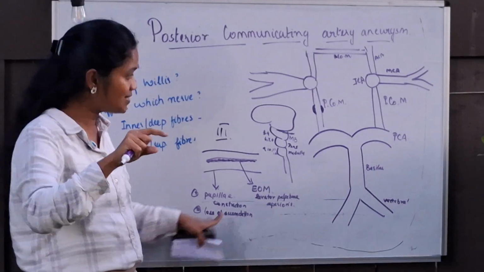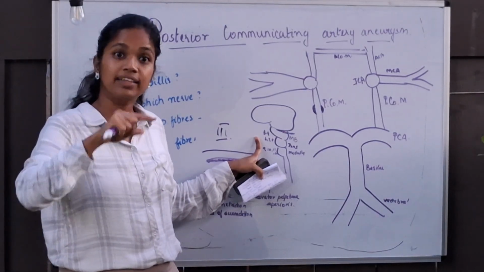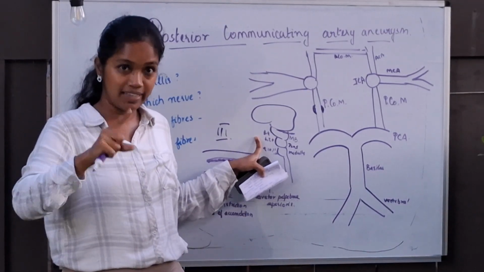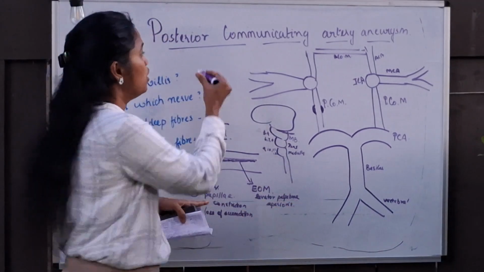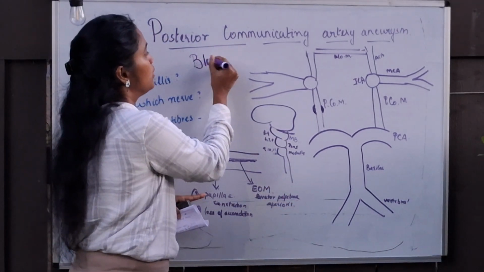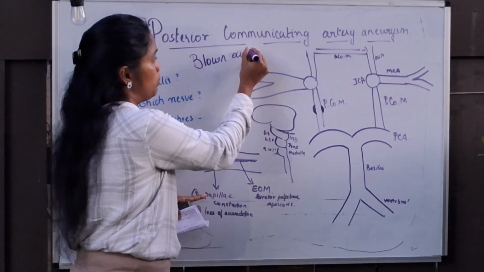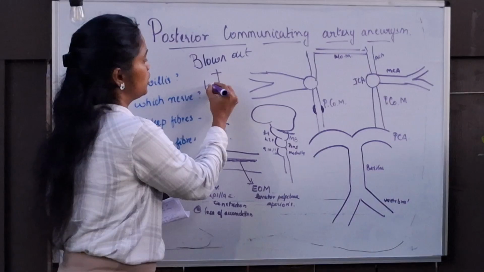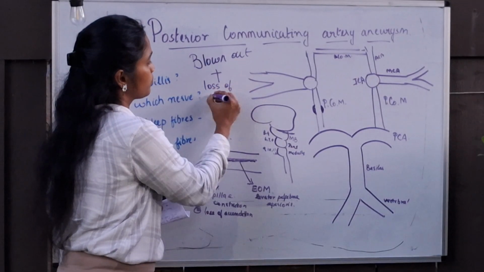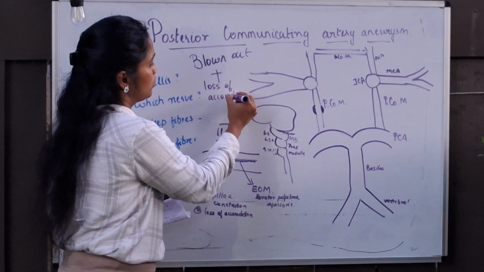So when the third cranial nerve is affected by an aneurysm, pupillary constriction will not happen. So we will have a blown out pupil, that is a dilated pupil, and in addition there will be loss of accommodation.